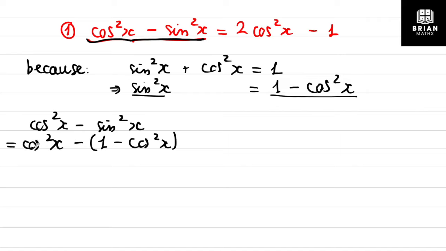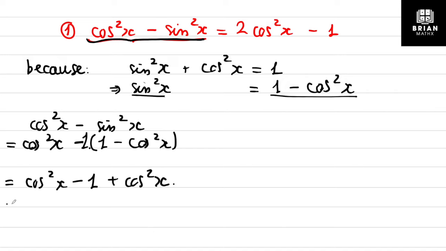So I get this, repeating. And then the next step, I will expand this bracket. You have the minus outside the bracket. Imagine in your mind you have minus 1 multiplied by 1, you get minus 1. And minus 1 multiplied by negative cos square x becomes plus cos square x.